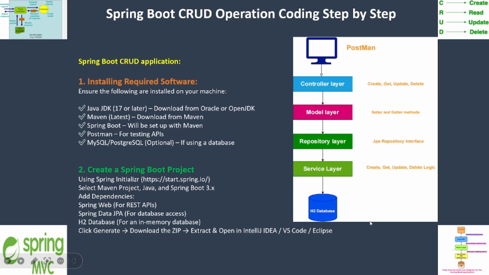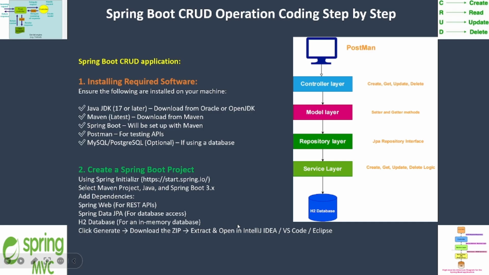Let me explain about this structure. First, before explaining this structure, I want to talk a little bit about how to create the Spring Boot project using Spring Initializr. This is the link, guys, and I'm going to paste it under our video description. Then you can hit this link and download the Maven project, and it's easy for you to do. I will show you that in a second.